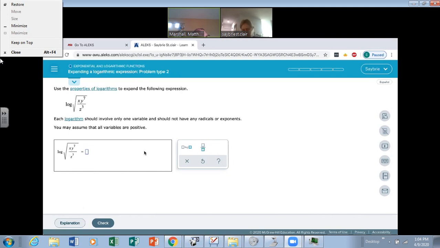Now I bring it to the front of both of those. And then my last step is to break that first one into 1/2 log x plus 1/2 log y to the 7th. So that final answer is 1/2 log x plus.